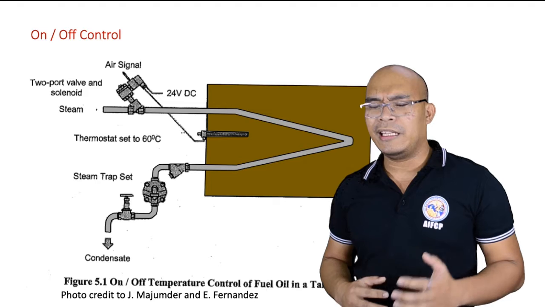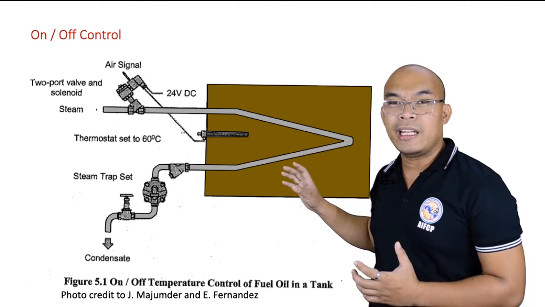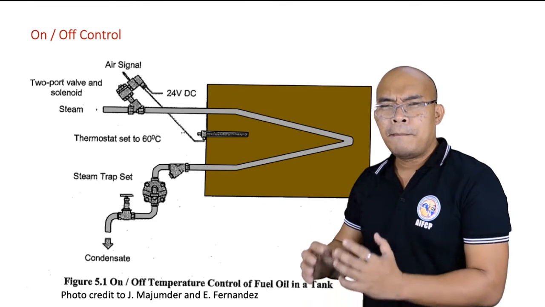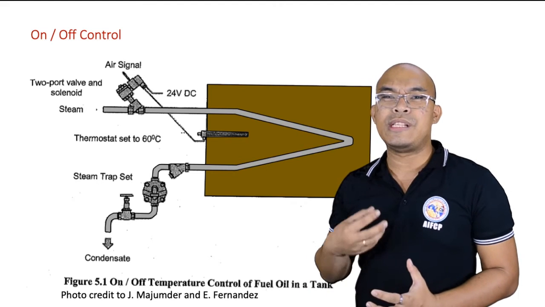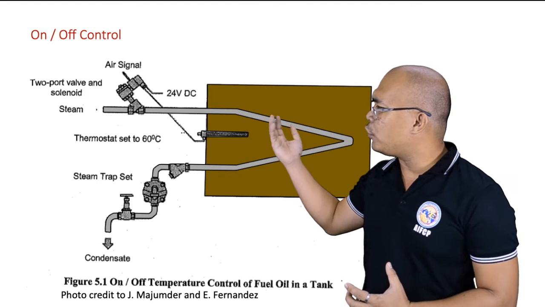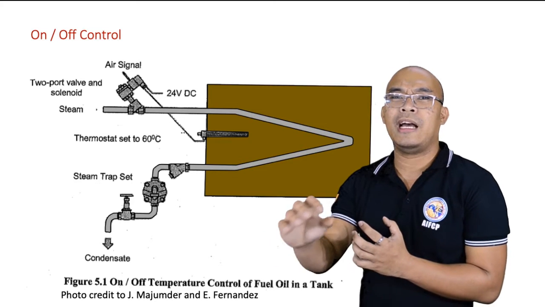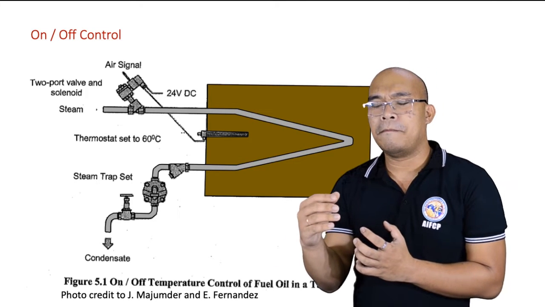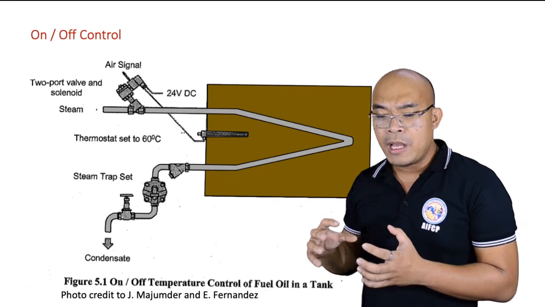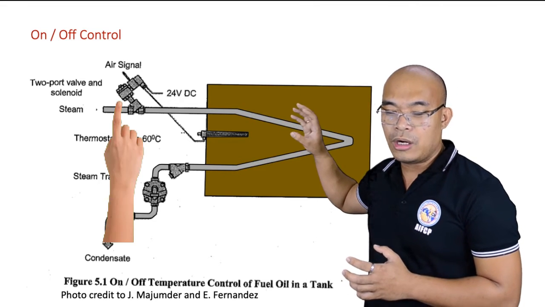So, other than that, basically, yung goal ng system na ito is, kailangan nating painitin yung fuel natin indicated dito sa brown box. And then, paano ba natin to painitin? Painitin natin to using steam. So, in this particular case here, steam yung nakikita natin. So, yung papasok dito na steam, and then, yung pasok at saka yung the open and close of this valve or the control of the steam is controlled by this, tinatawag natin tong solenoid valve.